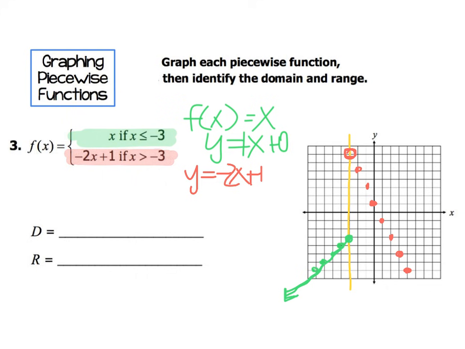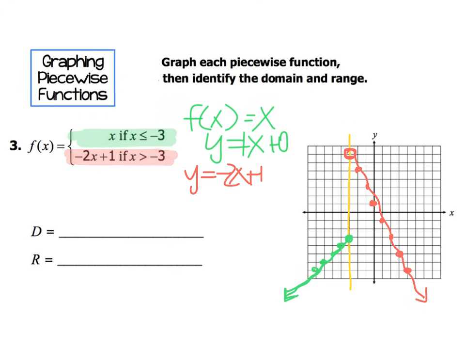Then we would just connect all of our dots using a ruler. I know that's terrible on here. Let's see if I can draw that a little straighter. Use a ruler and get a straight line with that, okay? But that would be our line when x is greater than negative 3. So to the right of negative 3, that is our line.